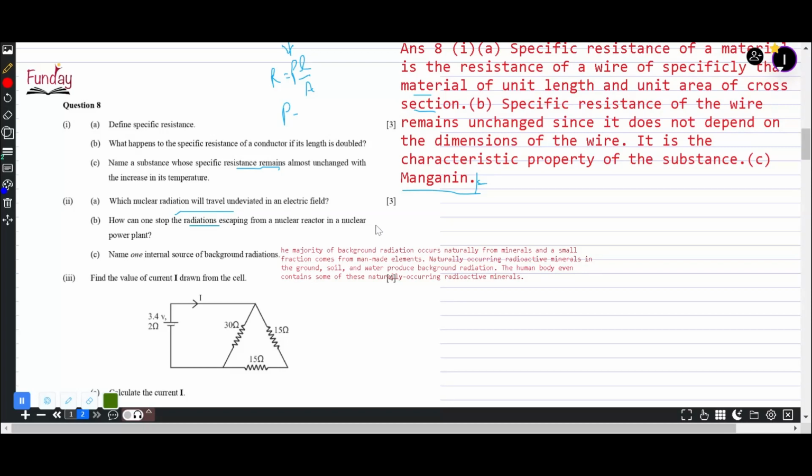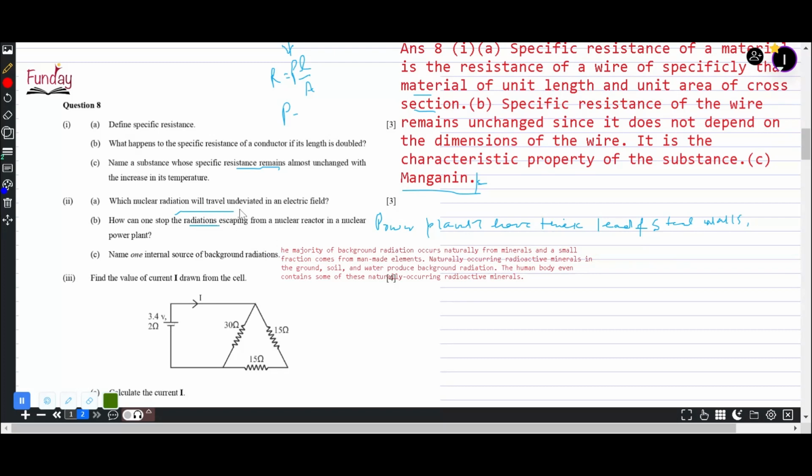So I'll say radiation escape from nuclear power plants: power plants have thick lead and steel walls. They also have RCC around it, so they make it very strong for radiations to be coming out of it.